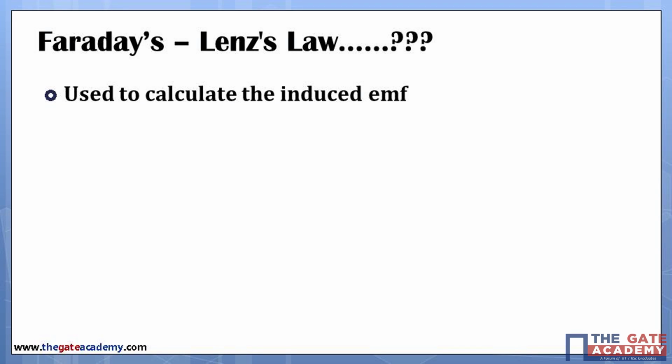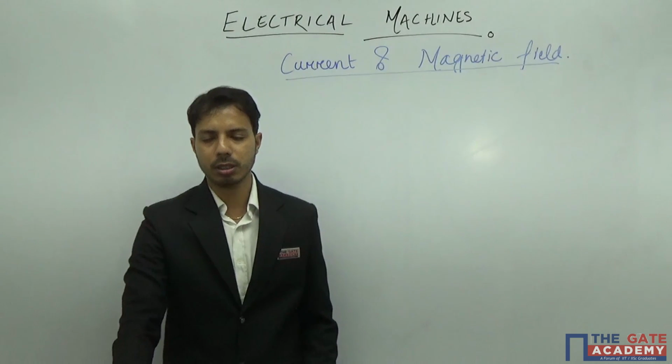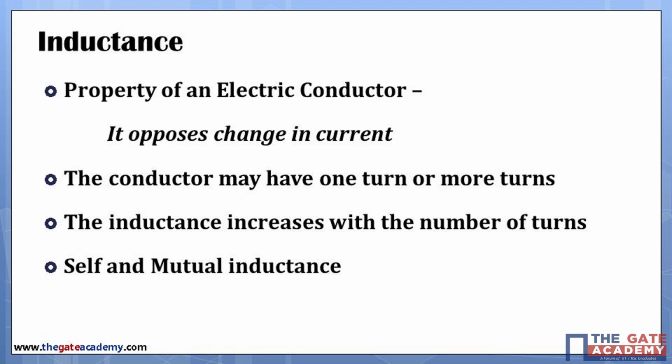Now, from Faraday's law, we can also define one more property of a coil, which is called inductance. Inductance is a property of an electrical conductor, as you can see in your PPT, that opposes the change in the current.